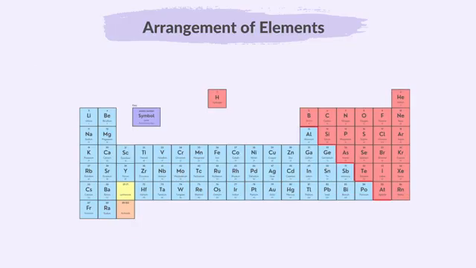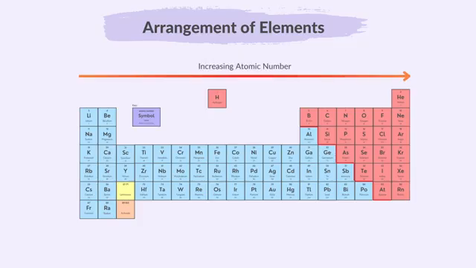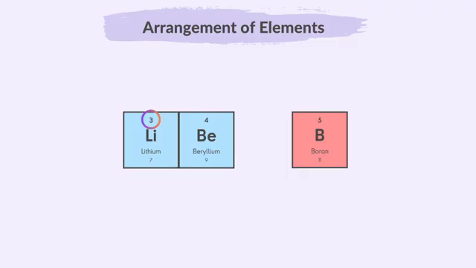The atomic number increases from left to right across each period and from top to bottom down each group. For example, lithium has 3 protons, beryllium has 4, boron has 5, and so on. The proton number is the smaller number near each symbol.